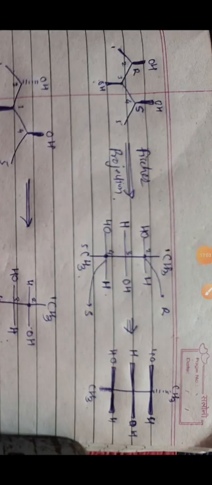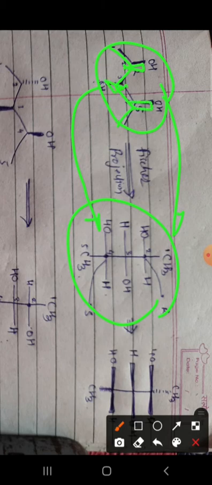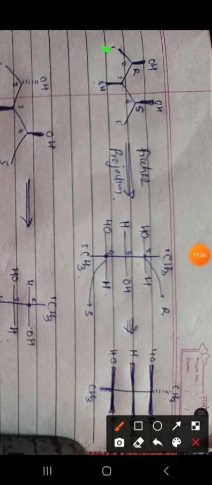There are some molecules in which a zigzag model converts to a Fischer projection. So how can it be converted into a Fischer projection? This is the conversion of that zigzag molecule to a Fischer projection. In this molecule there is a 5 carbon chain: this is first carbon, second, third, fourth and fifth carbon.